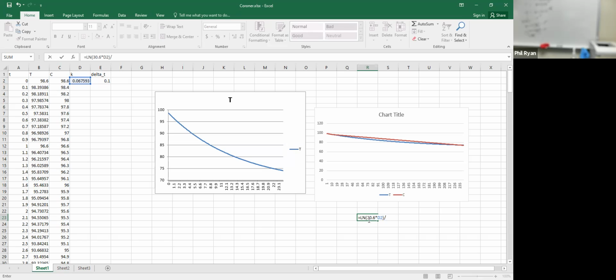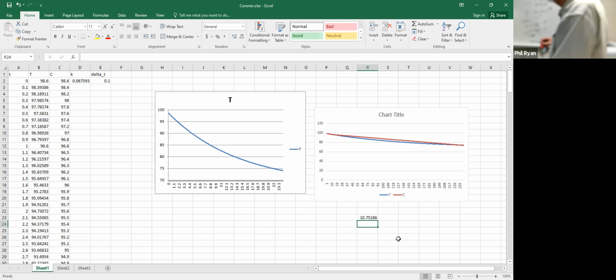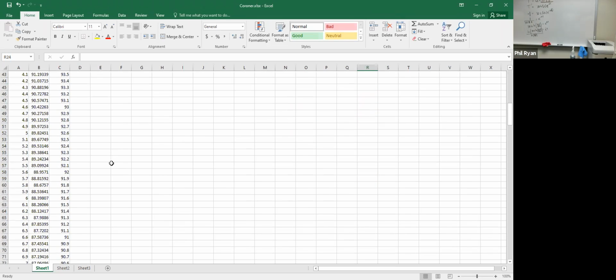So that's easy. And I get 10.75. So that means at around 10.7 hours, it's losing 1 degree per hour.